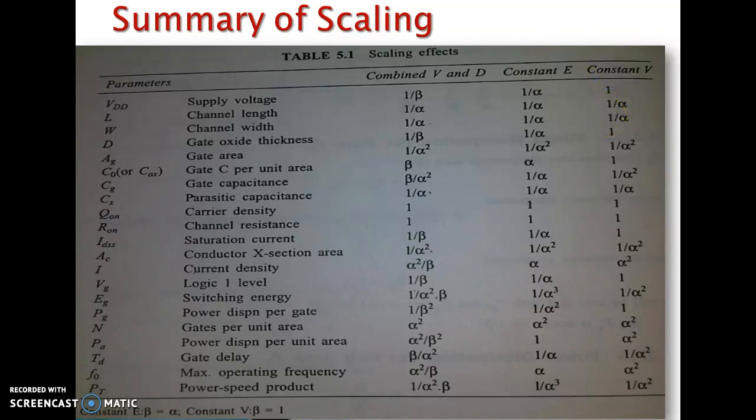Here only the voltages are scaled, the dimensions are not scaled. So by substituting beta equal to 1, we obtain these values. Finally, by using all three scaling effects, we get different parameters and different scaling factors.